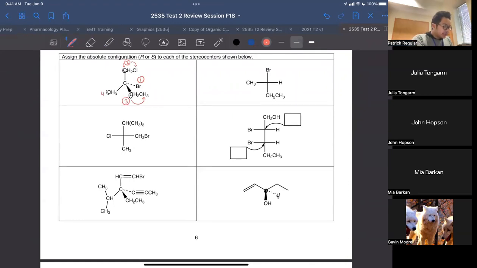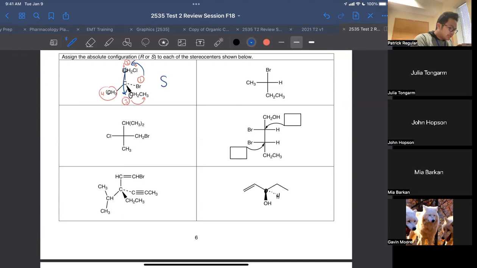And this right here says, all right, our 4th group is not on the dashed plane. So let's number this normally, 1 to 2 to 3. That would be S. Oh, wait, it's on the wedge.